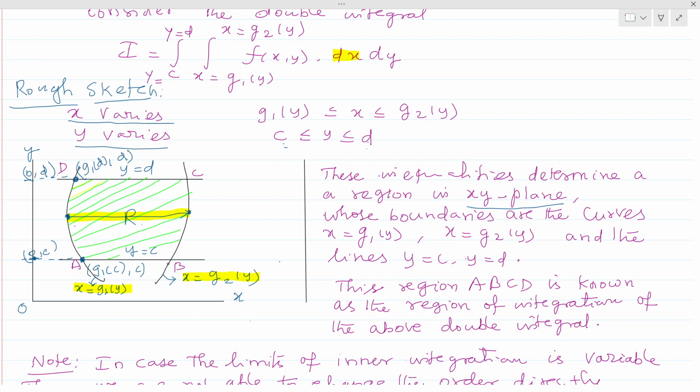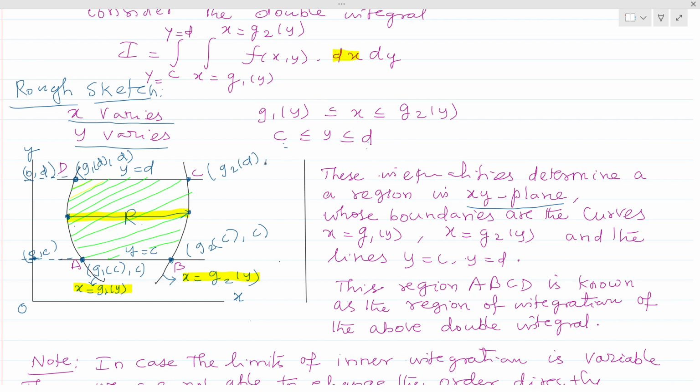Is it not? What is the next intersection point? It is x equal to g2 of y at y equal to c. That means g2 of c comma c. The last one, we can say what is A, B, C, D. What is the point C here?